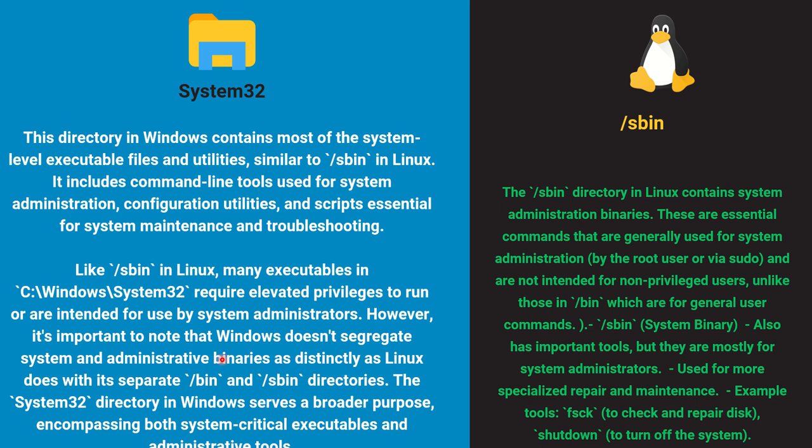However, it's important to know that Windows doesn't segregate system and administrative binaries as distinctly as Linux does with its separate bin and sbin directories. The System32 directory in Windows serves a broader purpose, encompassing both system critical executables and the administrative tools together. All those are placed in the same directory.